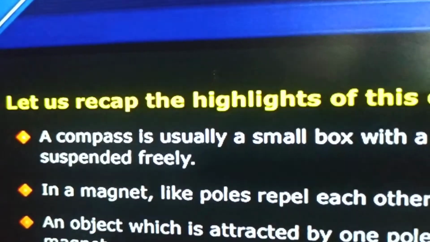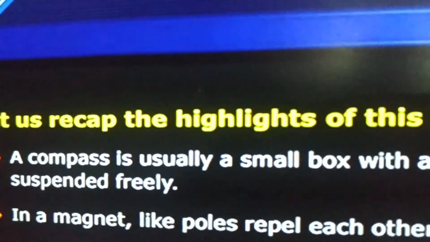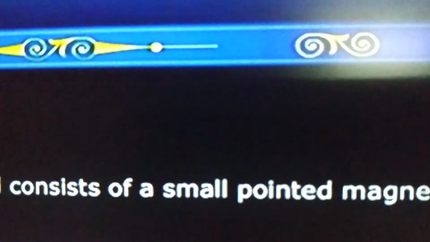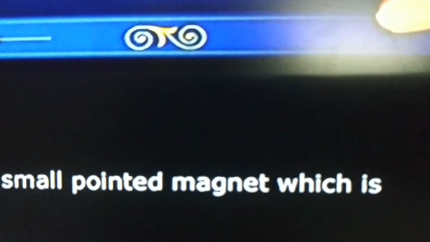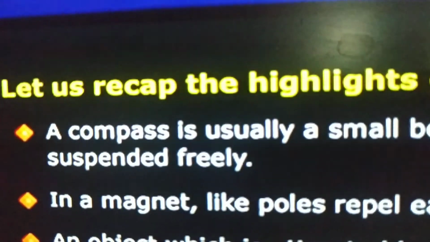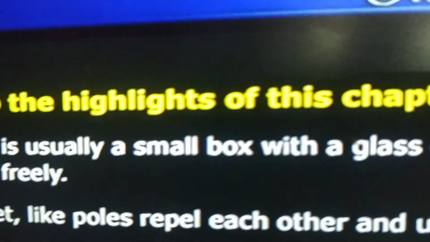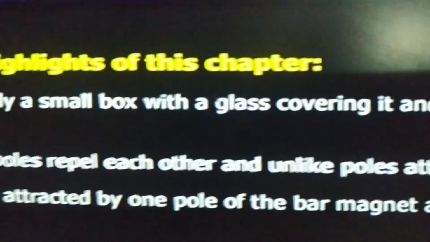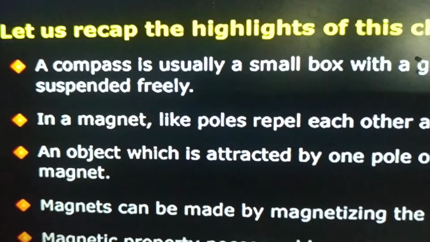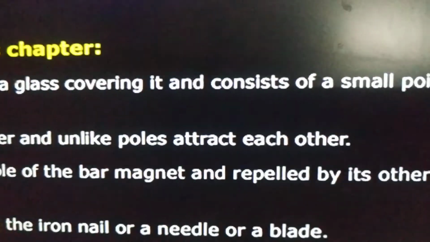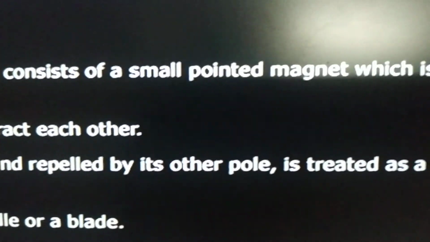The compass is usually a small box with a glass covering it and consists of a small pointed magnet which is suspended freely. In a magnet, like poles repel each other and unlike poles attract each other. An object which is attracted by one pole of a bar magnet and repelled by its other pole is treated as a magnet.